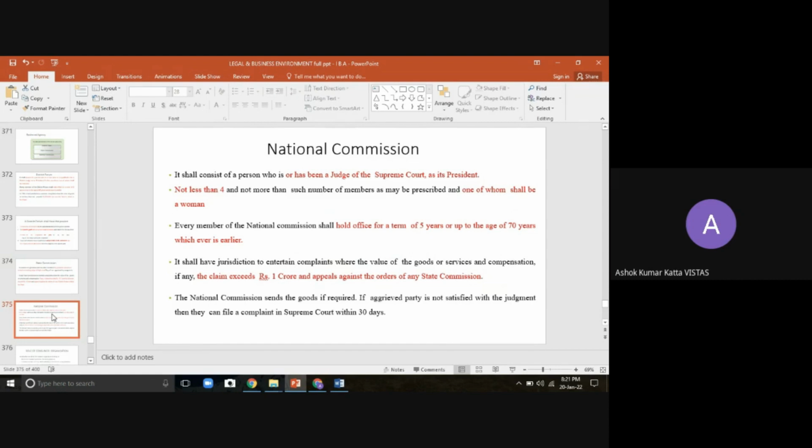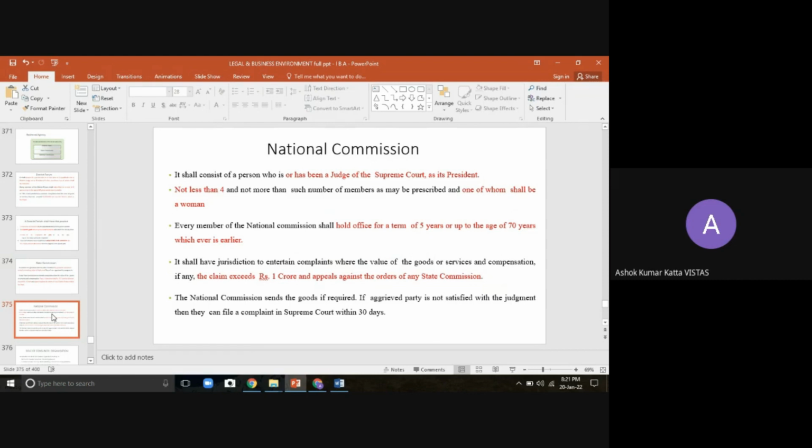Here also, 5 years is the duration of the tenure. Now, in the district level and state level, it is 5 years or 65 years of age, whichever is earlier. Here it is 5 years or 70 years, whichever is earlier. So they have 5 more years here.